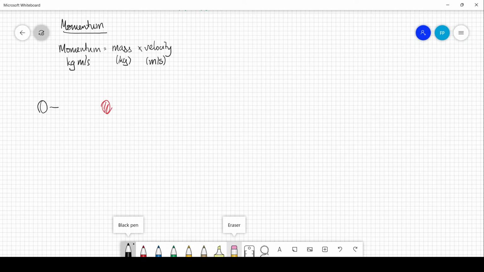And let's say this snooker ball is moving here to the right at 1.5 meters per second. And let's say each of these snooker balls have a mass of 250 grams, or 0.25 kilograms, which is quite heavy still.